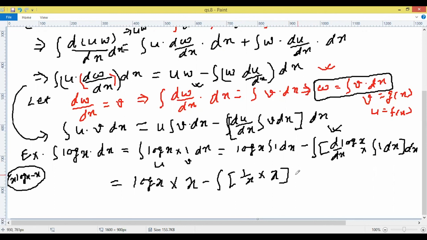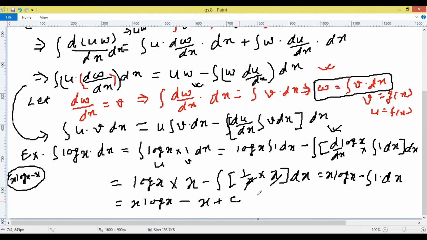These two terms cancel, so only the integration of 1 dx remains, and finally it is x log x minus the integration of 1, which is x, and finally the constant c. So this way we can prove and also apply the formula wherever integration by parts is applicable.